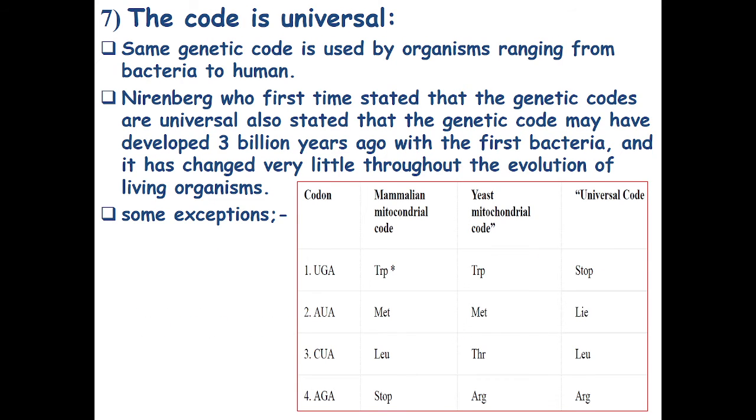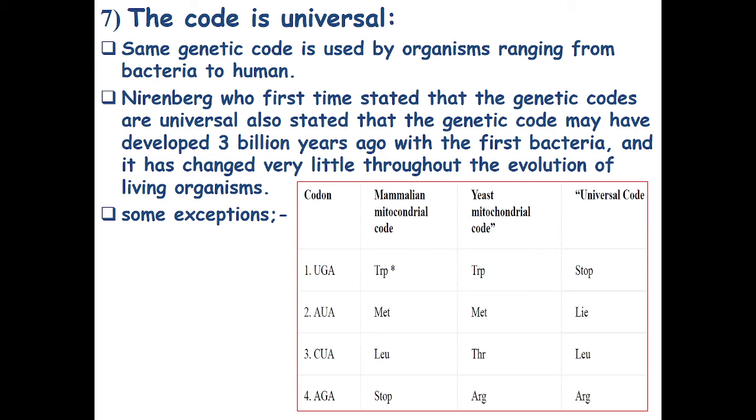The code is universal. This means that the code has the same meaning in all organisms, right from bacteria to humans. Though there are some exceptions, as you can see, UGA codes for tryptophan in mammalian mitochondrial DNA.